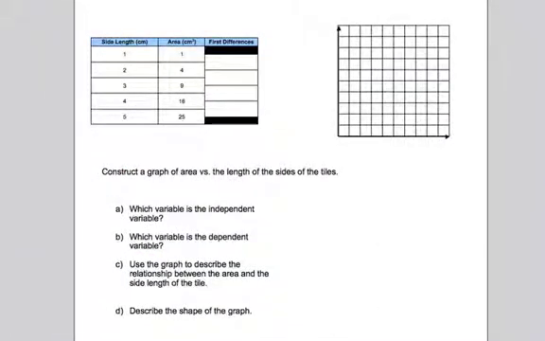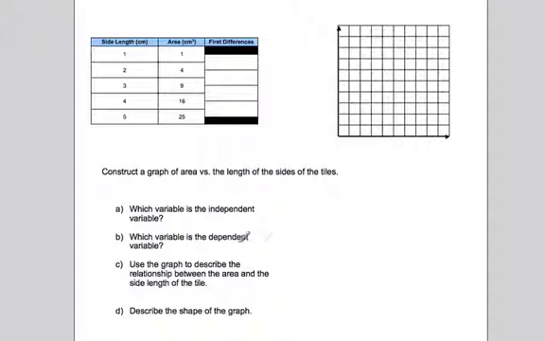Now the next question, you're asked to construct a graph of area, and you have to decide first of all what is the independent variable and what is the dependent variable. Well, you've got to ask yourself, does side length depend on area, or does the area depend on the side length? And the answer is area depends on side length.